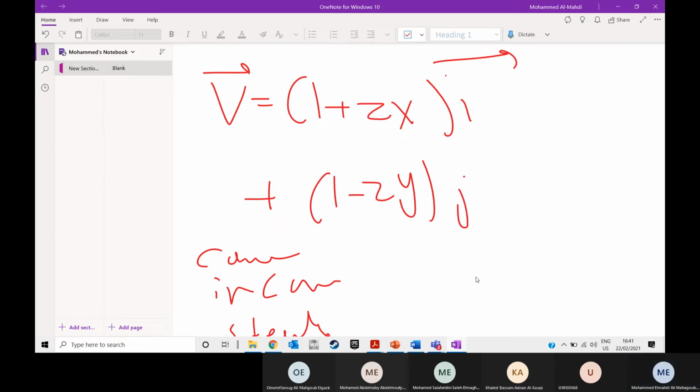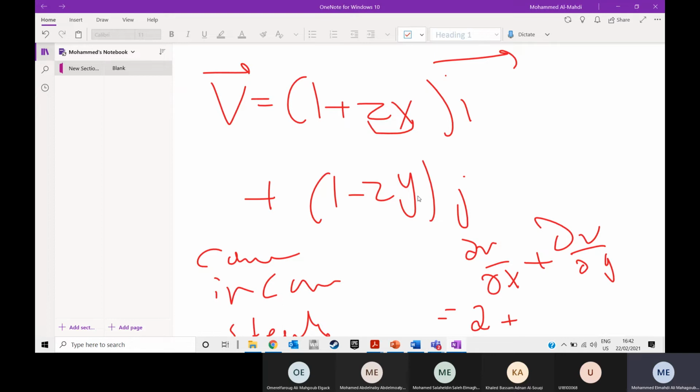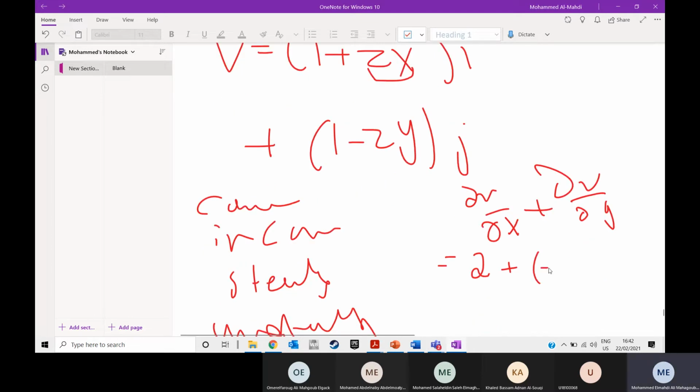Apply it: partial U by partial X plus partial V by partial Y equal to, what's partial U by partial X? It is 2, right? And then plus, what is partial V by partial Y? Minus 2.